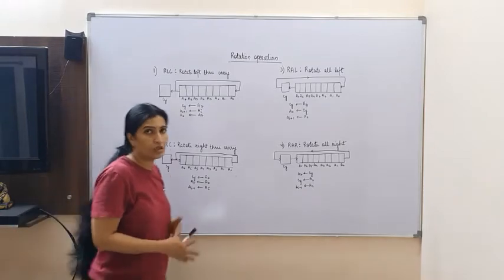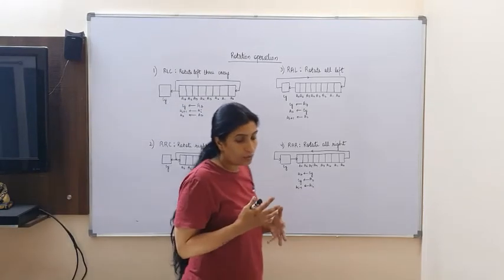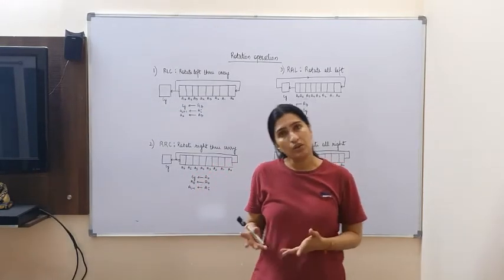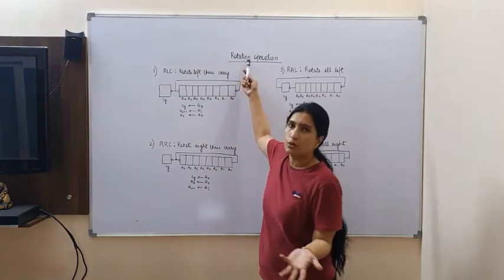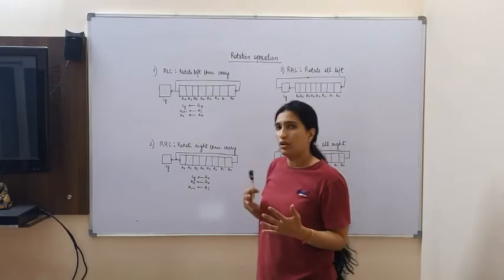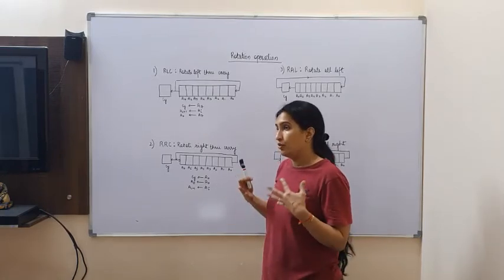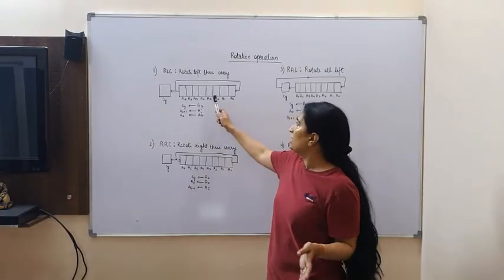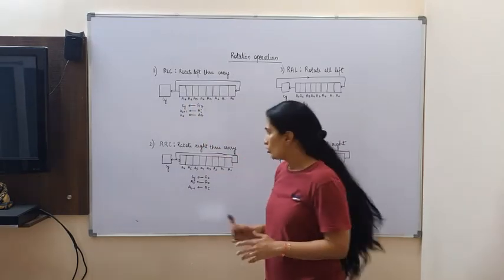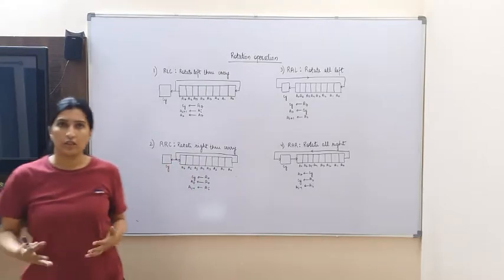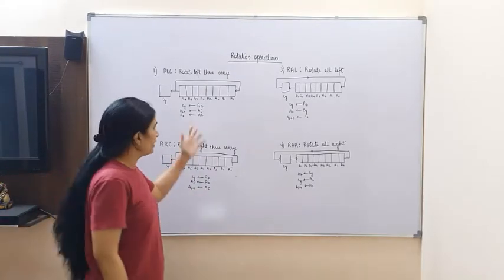This instruction is basically the movement of the data, and how the data is rotated is the rotation operation. Where is the data going to be rotated? In the accumulator and the carry. The direction determines what kind of rotation operation this is.